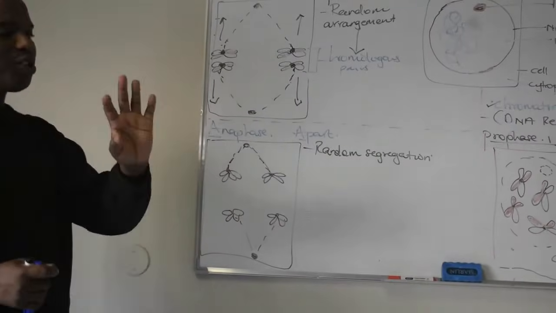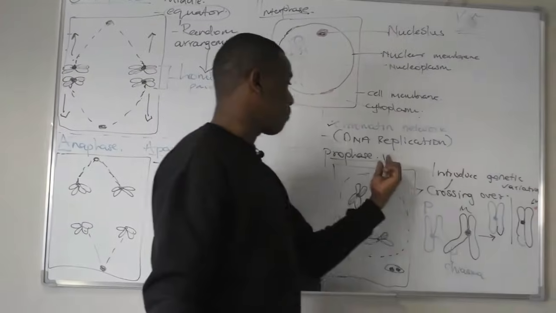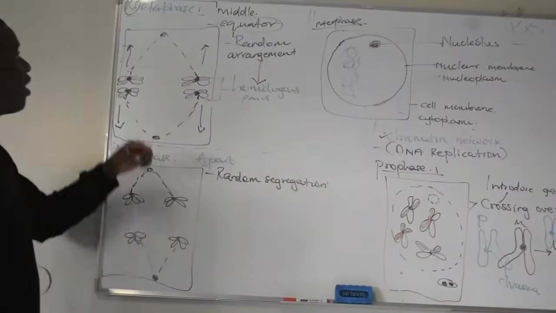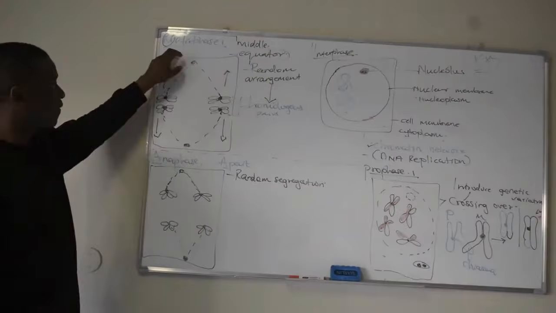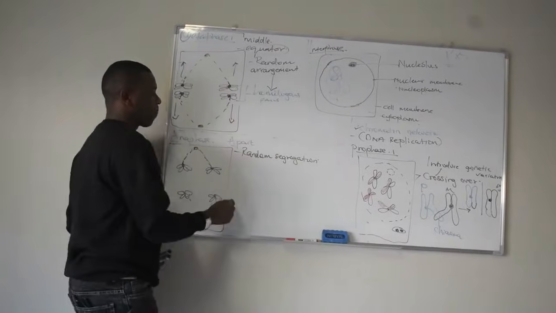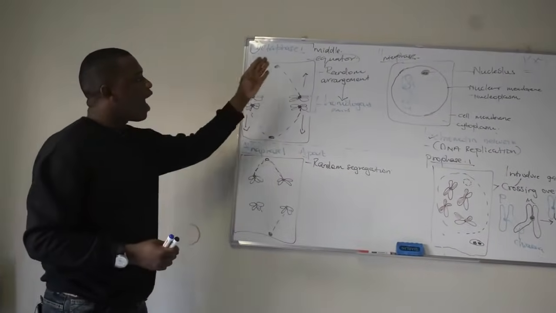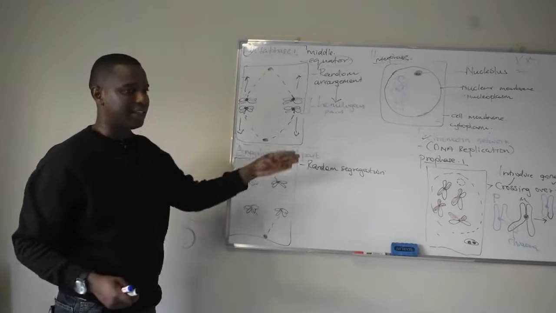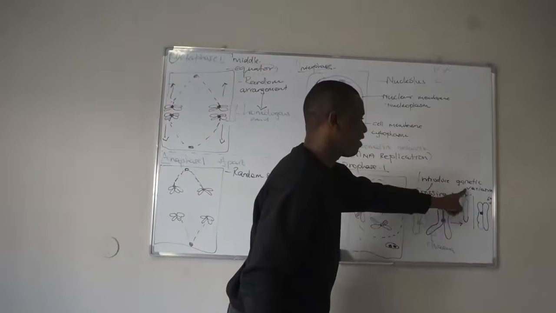Now, I want you to look at these three things. You have crossing over in prophase 1. You have random arrangement in metaphase 1. And you have random segregation in anaphase 1. How are all these three processes important? They all introduce genetic variation.